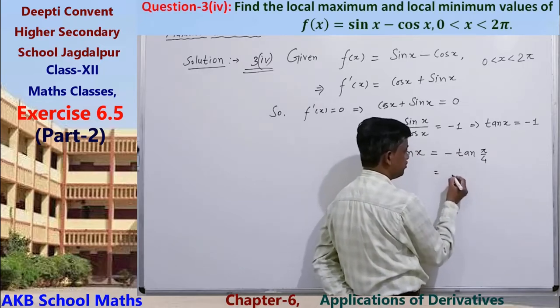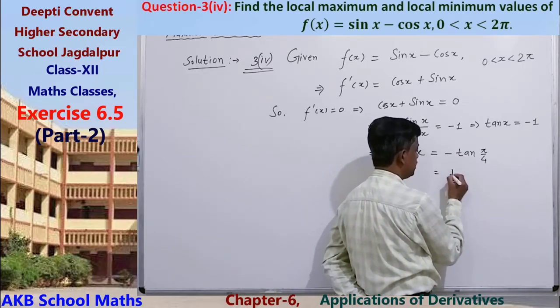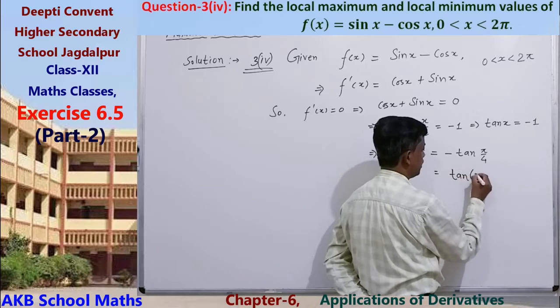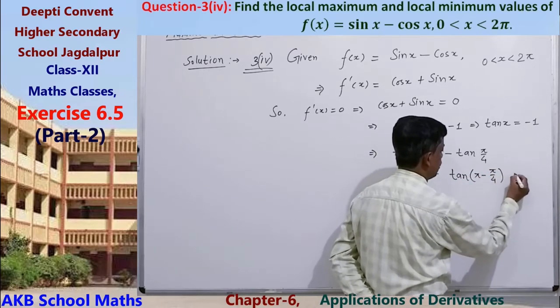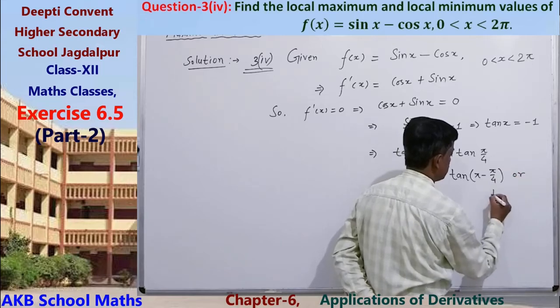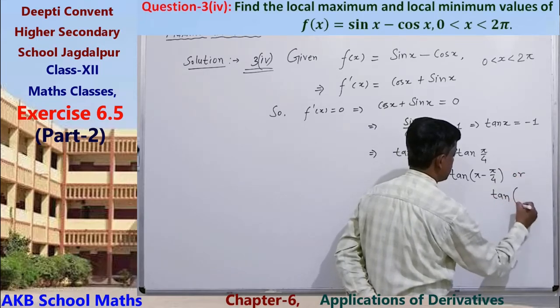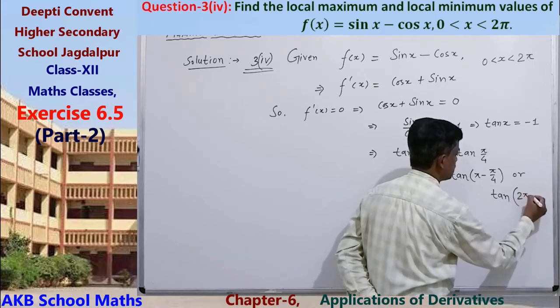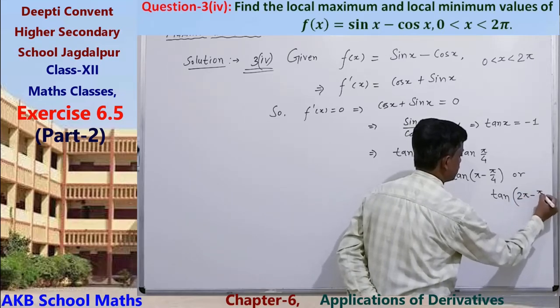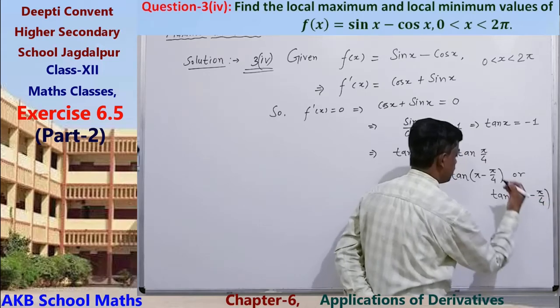Minus means either tan of pi minus pi by 4, or tan of 2 pi minus pi by 4.